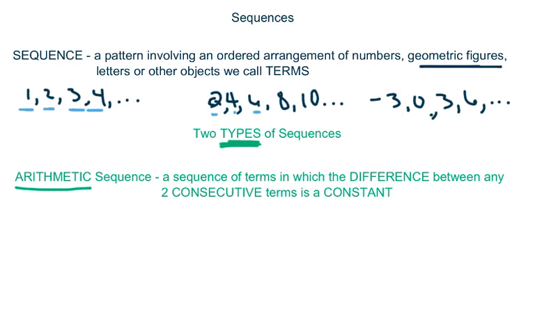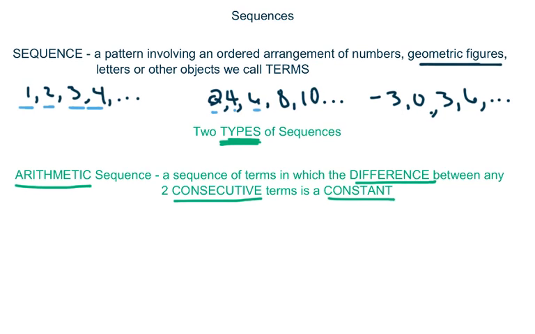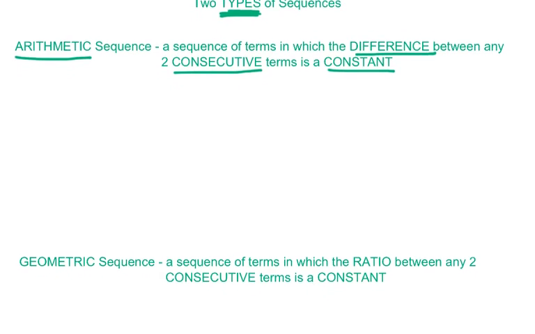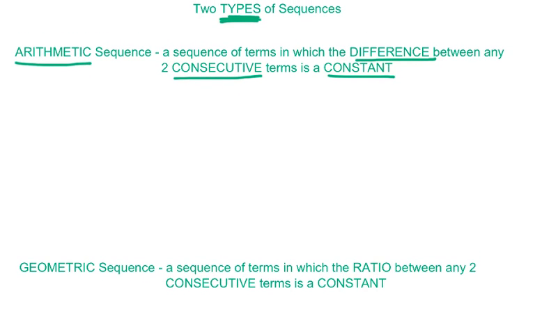First type is arithmetic, a sequence of terms in which the difference between any two consecutive terms is constant. Capitalized words are the words that I need to be sure you understand what they mean. Arithmetic is just the name of the sequence, and that happens when our terms have a common difference.